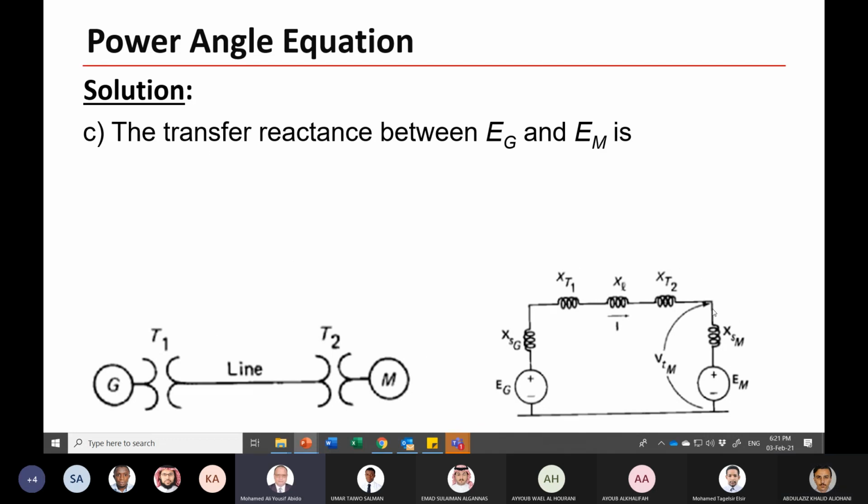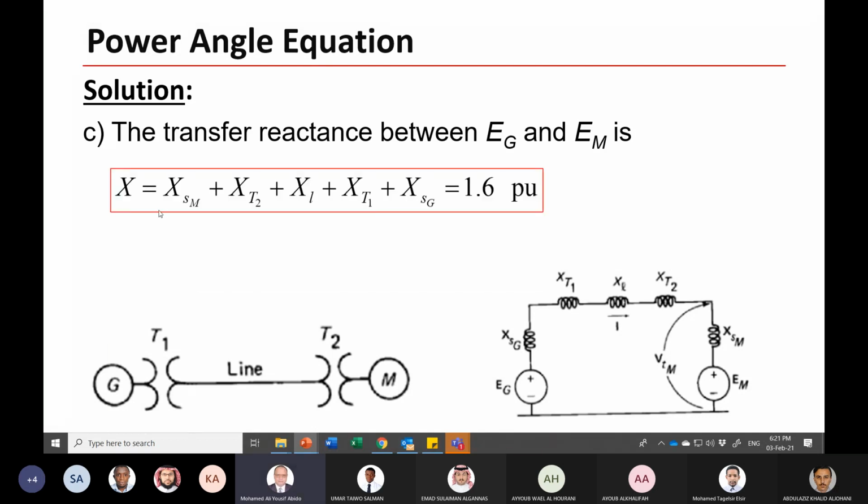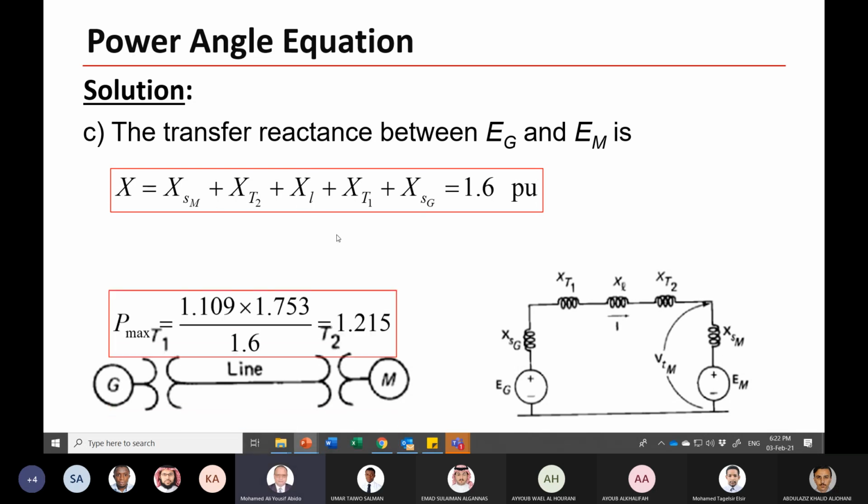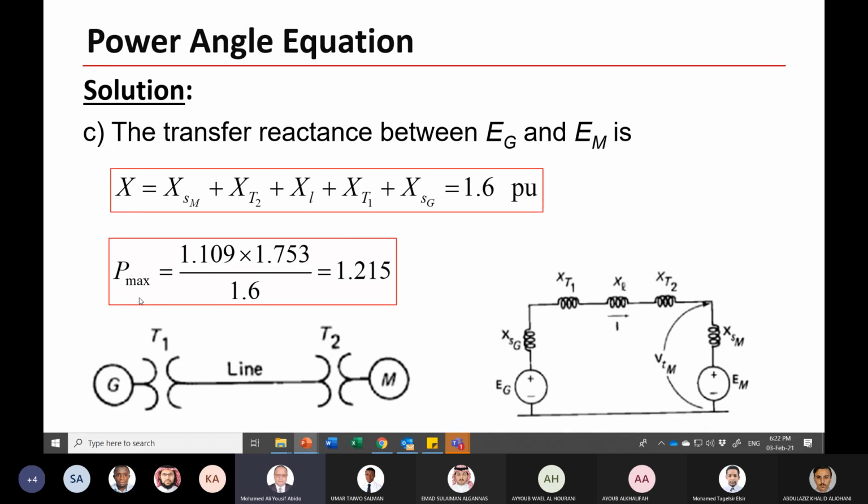So you can get X12, the transfer reactance, the summation of all, and you have X total equal to this. This is now 0.6 for the two lines, you add them up, and you get B max equal to 1.215.